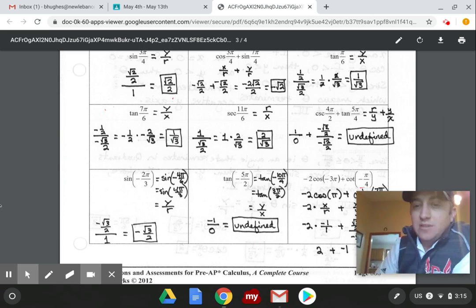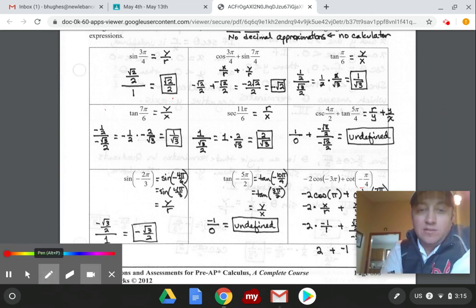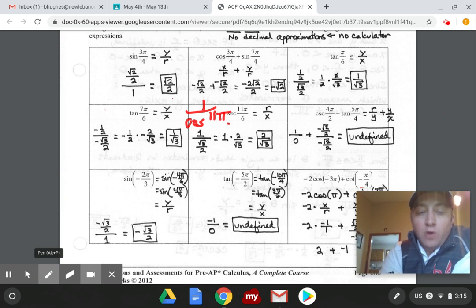Some other things that I'm seeing in here: secant is 1 over cosine. So I should rewrite secant of 11 pi over 6 as 1 over cosine of 11 pi over 6.